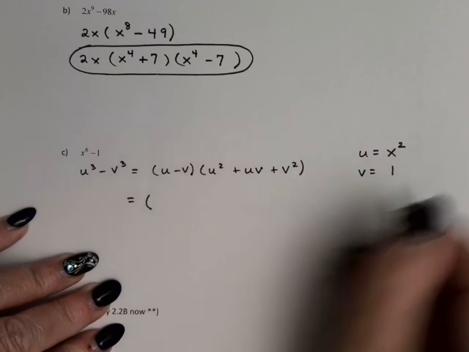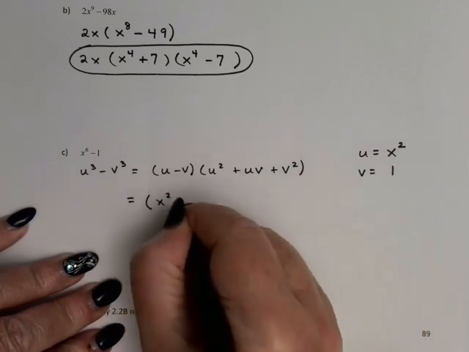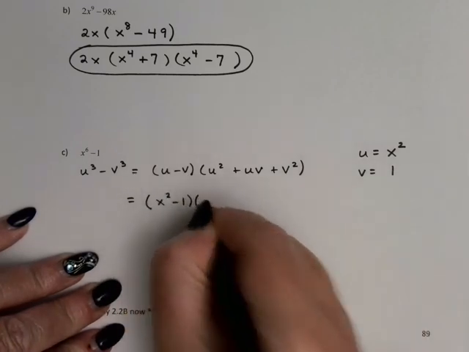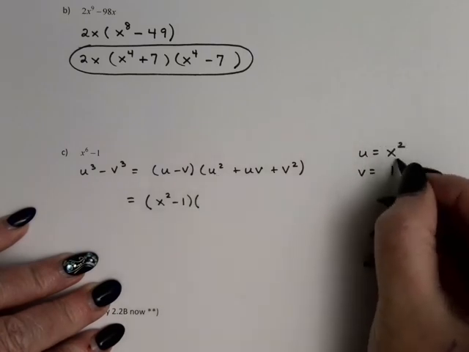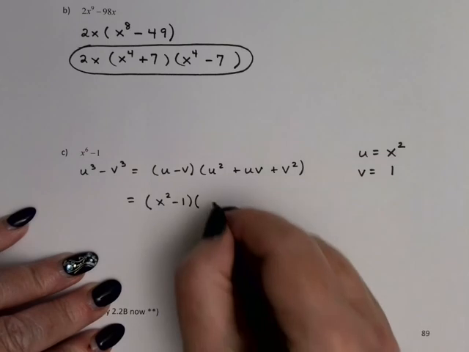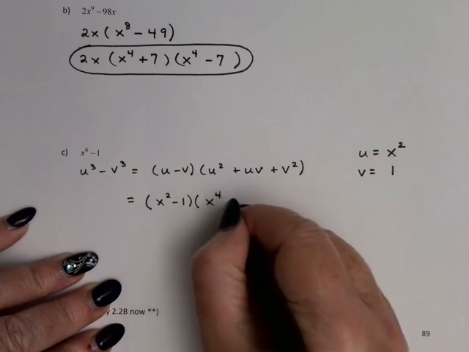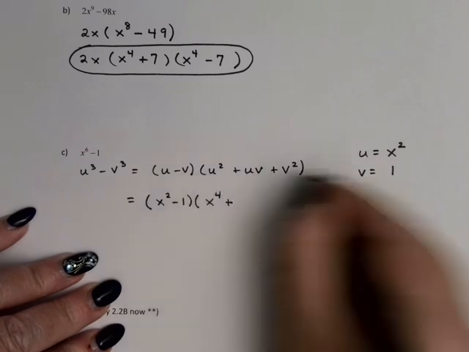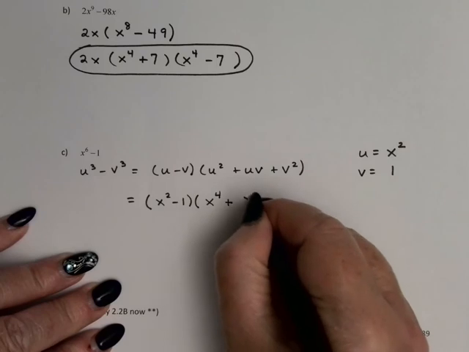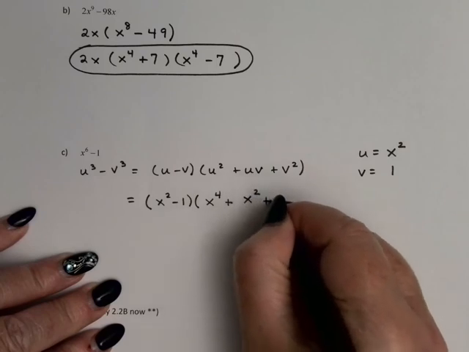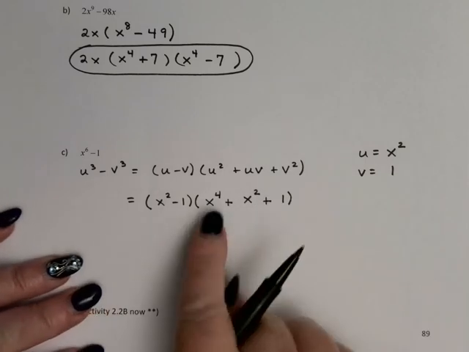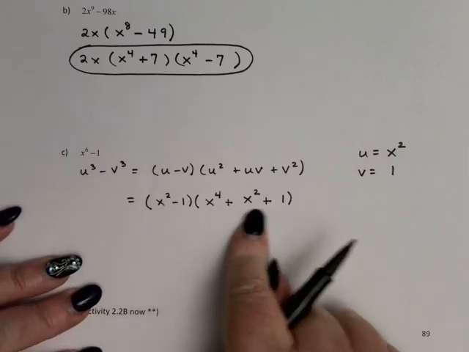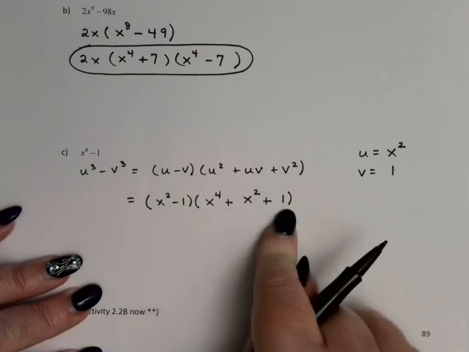So I have u minus v, x squared minus 1, u squared. X squared to the 2nd power is going to be x to the 4th, plus u times v, x squared times 1 is x squared, plus v squared, 1 squared is still 1. As promised, this will not factor anymore.